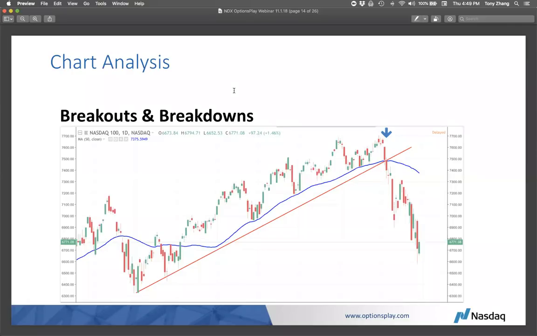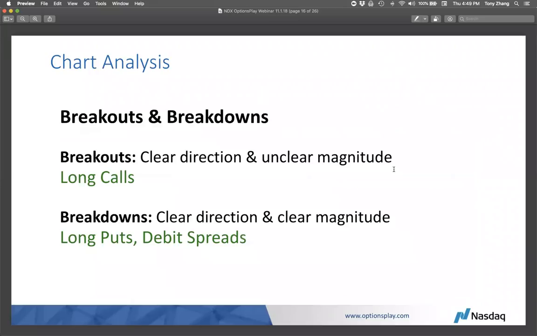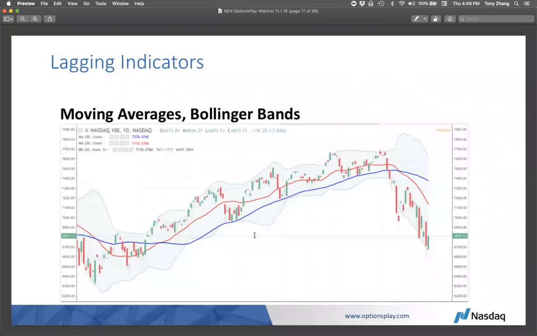So on the downside, we tend to see a more clear sense of magnitude. Because of that, we can trade either long puts or debit spreads to the downside. So when we're trading breakouts versus breakdowns, the statistics tell us that there are slightly different strategies that we can deploy for breakouts versus breakdowns.